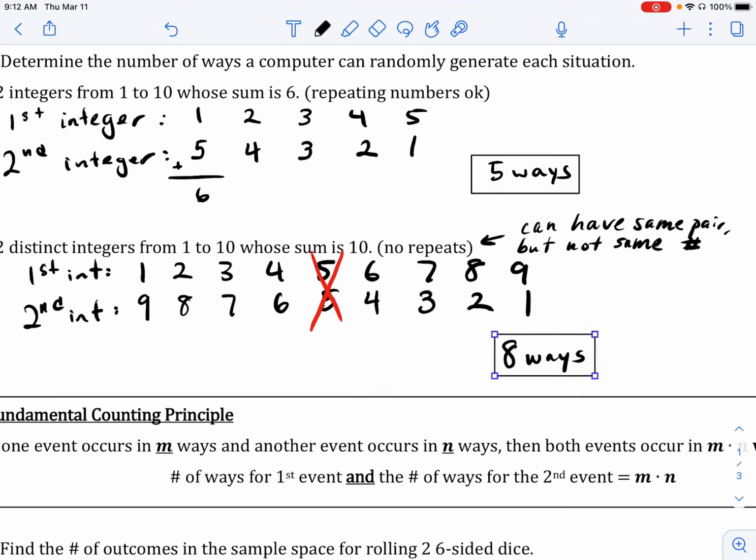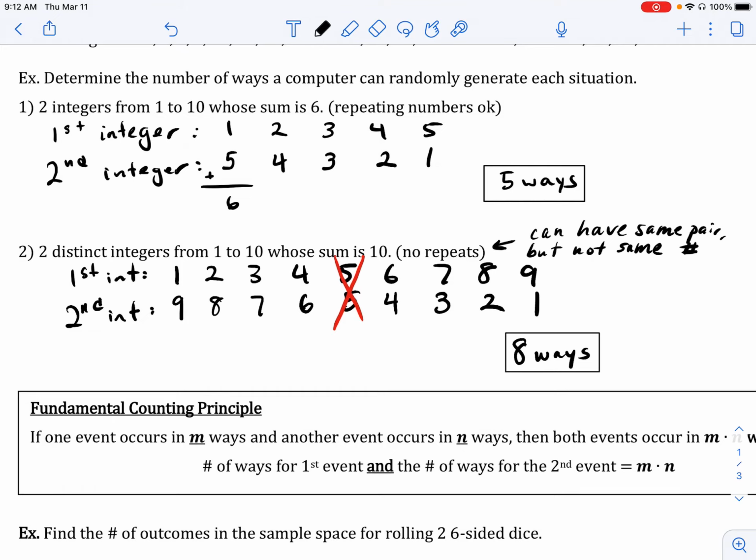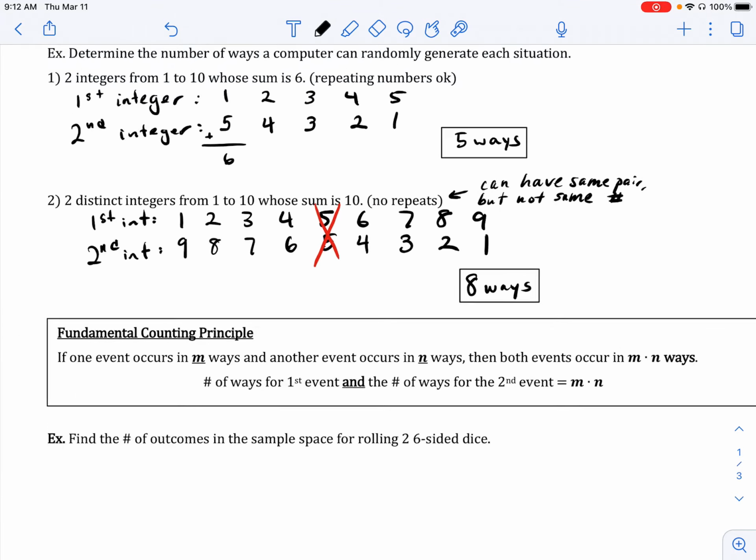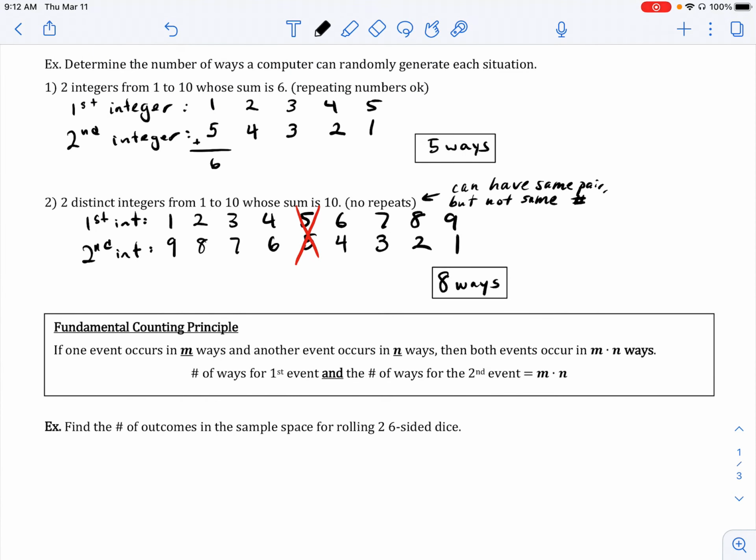And this process of counting the number of ways that one event can occur and then another event can also occur is called the fundamental counting principle. If one event occurs in m ways and another event occurs in n ways, then both events occur in m times n ways.